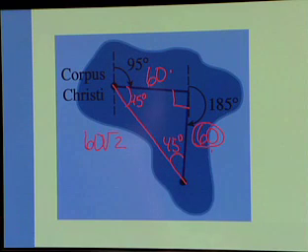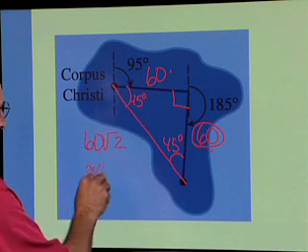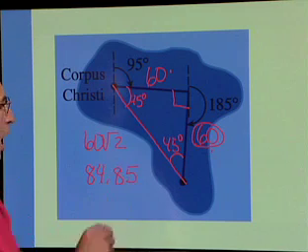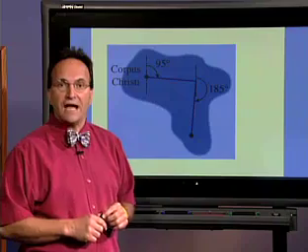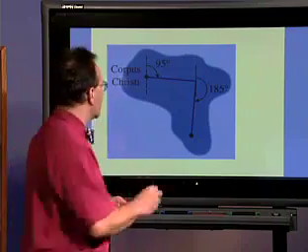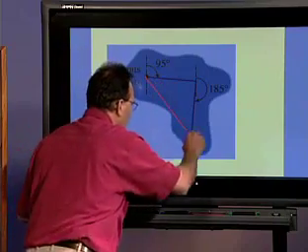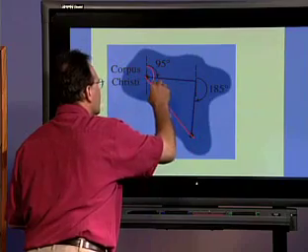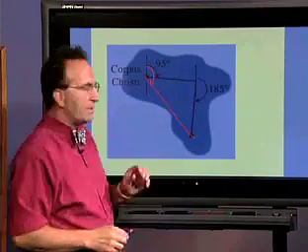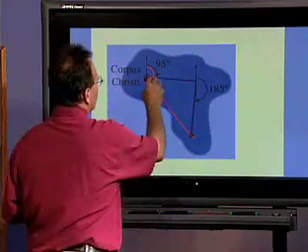Well, if we work that out, that would be 84.85 nautical miles. The second part was to find the bearing, so let's do that now. What we'll do is redraw the direction, and what we're looking for is this total bearing from Corpus Christi, which is right here.